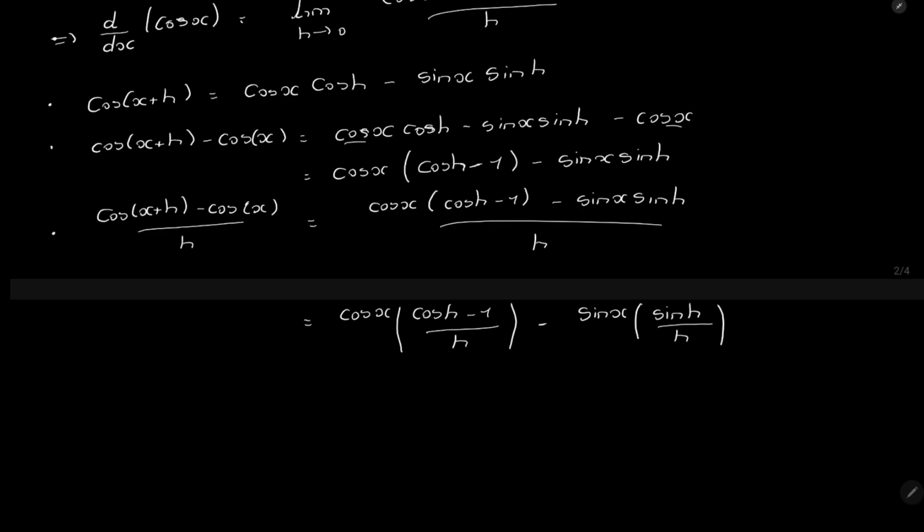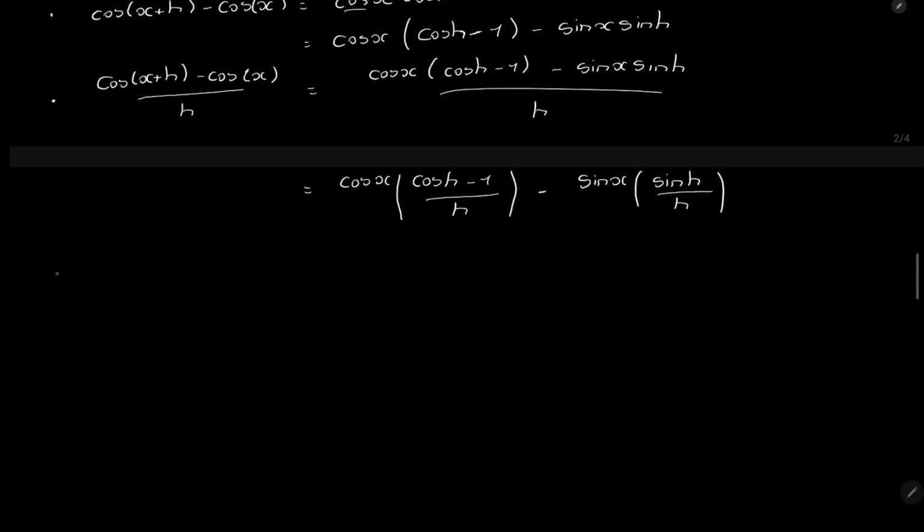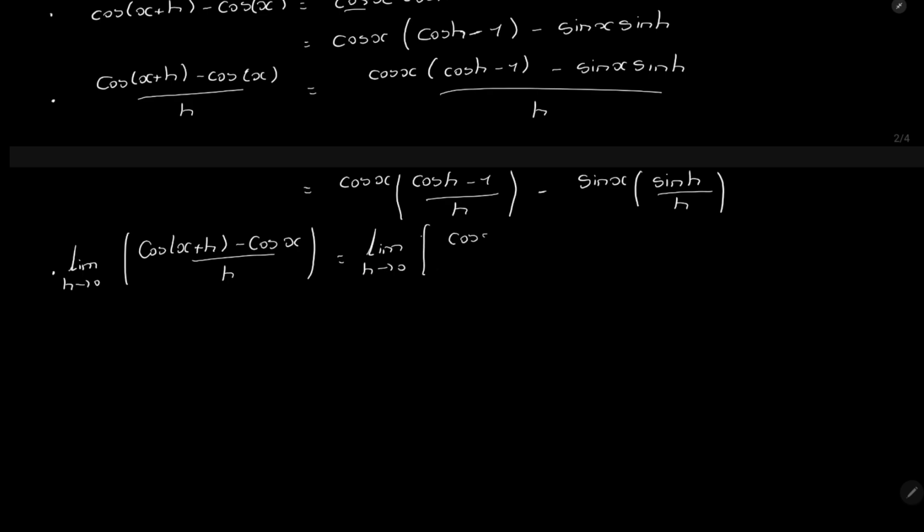What do we do then? We apply our limits on both sides. That is, the limit as h tends to 0 of cos of x plus h minus cos x, all divided by h, is the same as the limit as h tends to 0 of cos x in bracket cos h minus 1 on h, minus sine x into sine h on h.